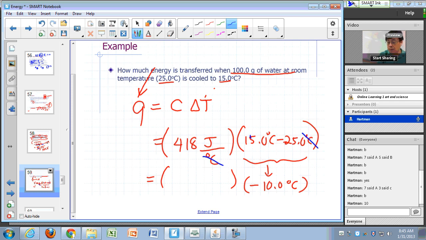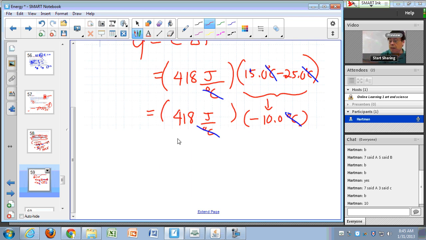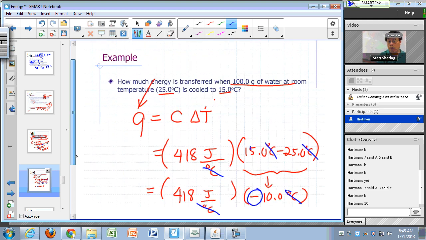So 418 joules per degree Celsius times negative 10 would be 4,180 with 3 sig figs, and that would be the answer in joules. And this is negative. So the answer is negative 4180.